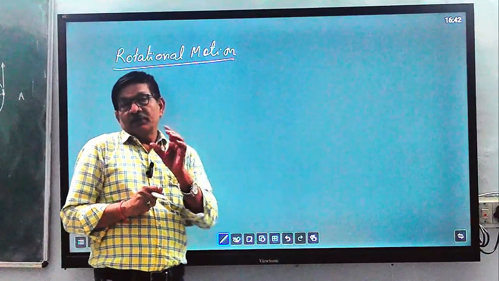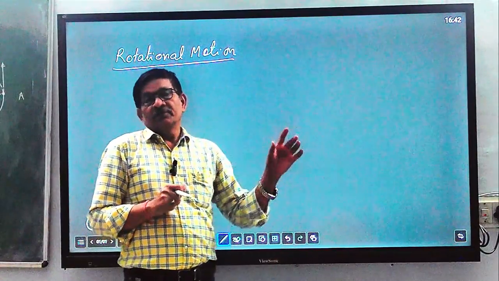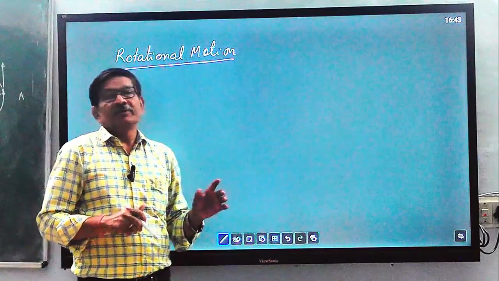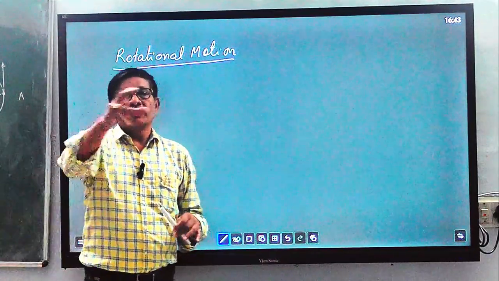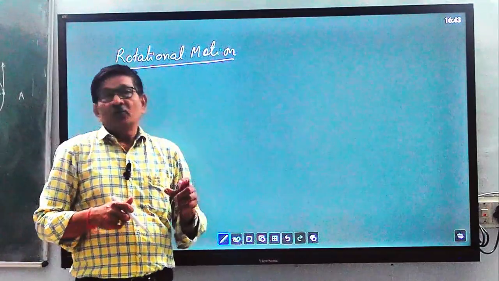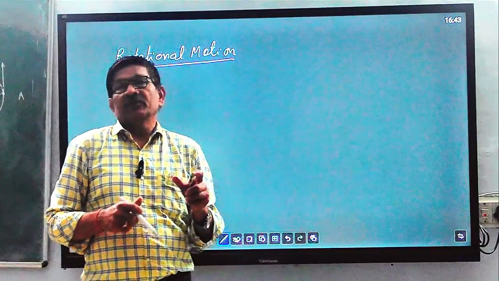For a small distance, you can say it is a linear motion, but for a long distance, it may be circular motion. Suppose a river is moving in a circular path. We can't say it is a rotational motion of the fluid particle.